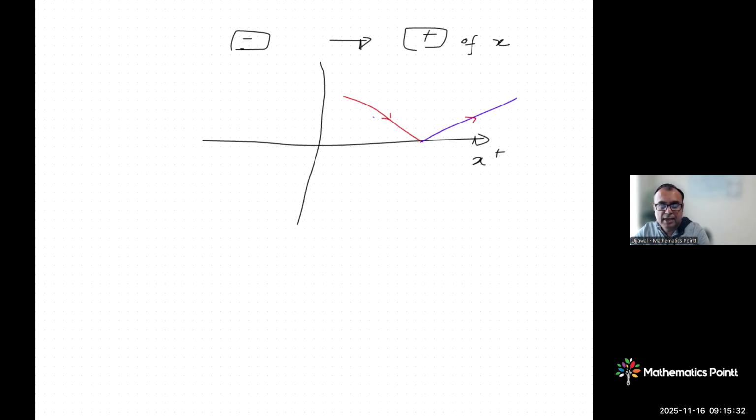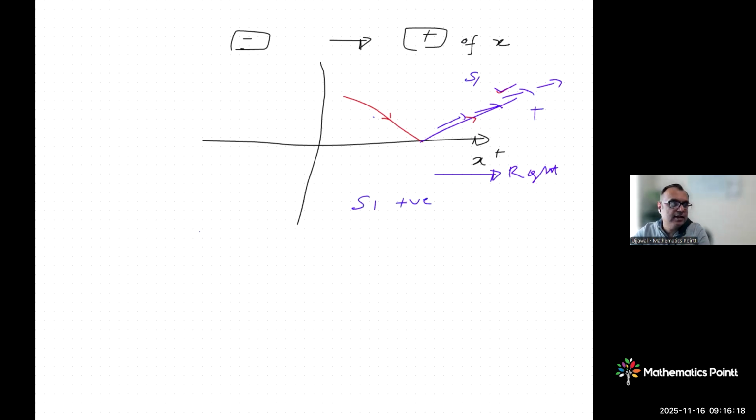But if I take a look at the blue line, as I move in the positive direction of x, as I keep moving right, I keep climbing up. I am moving up, which means I am moving in the positive direction. So the slope of this blue line, let's call it S1. S1 is positive.